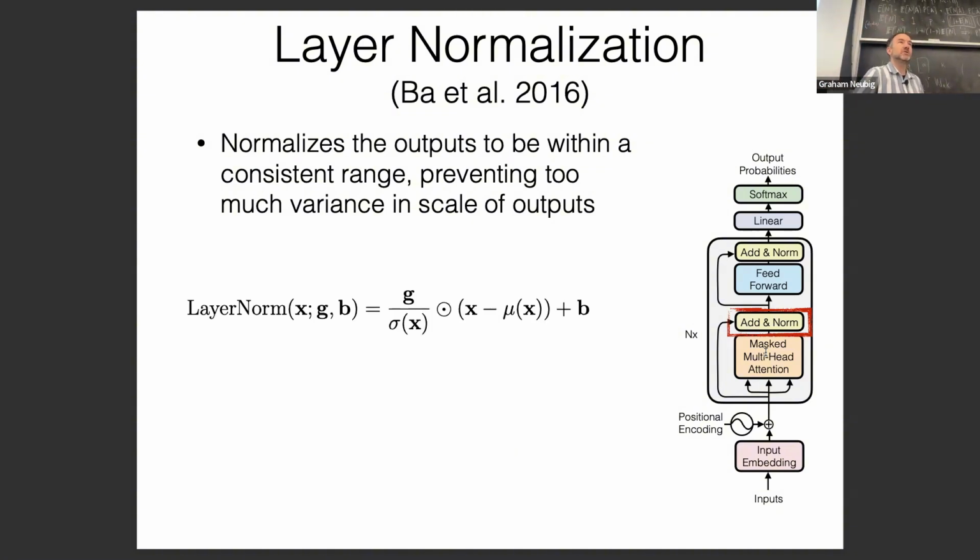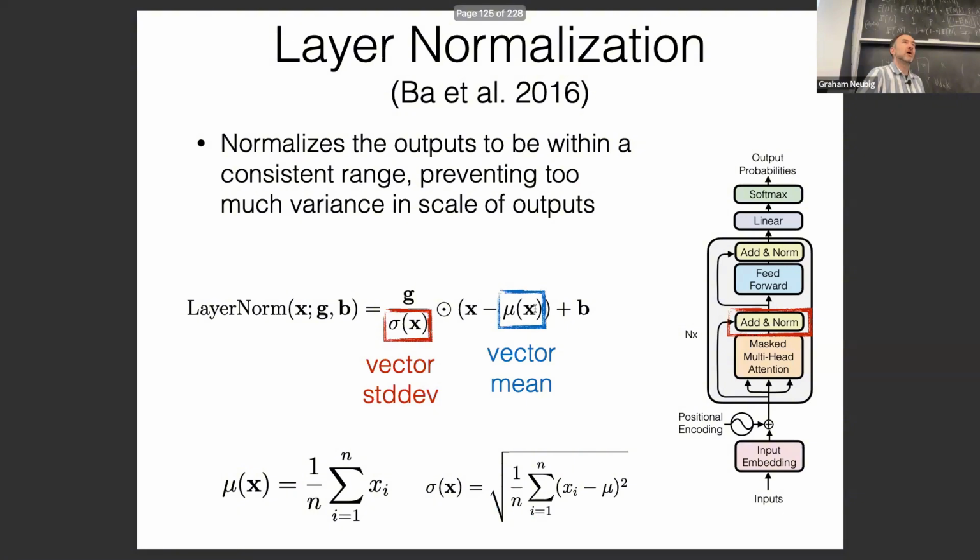So what layer norm essentially does is it normalizes for this so that we keep values in a similar range. It looks like this. This is the mean of an input vector, x. This is the standard deviation of the input vector.